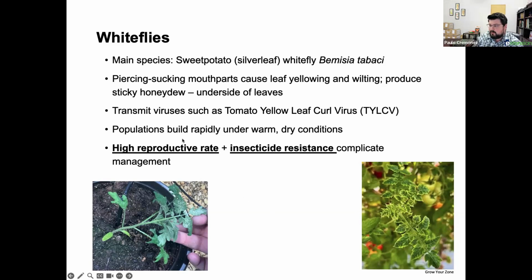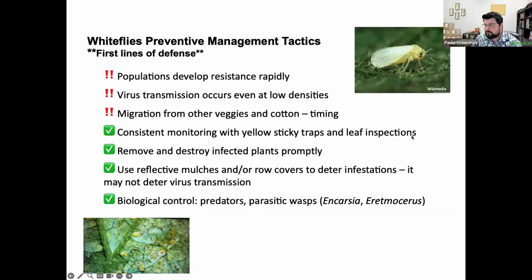Like I said, they build up rapidly under warm and dry conditions. Whiteflies do prefer extremely dry conditions over everything. They have a high reproductive rate, and they can also present insecticide resistance, which complicates management.